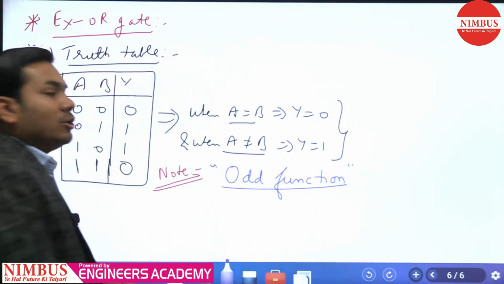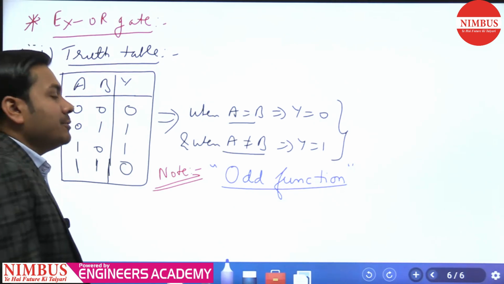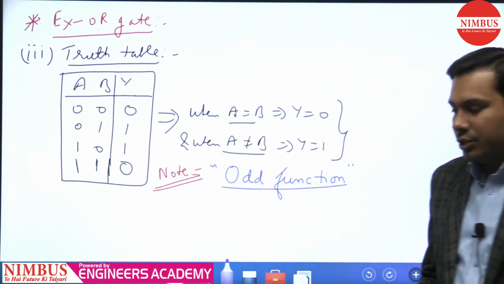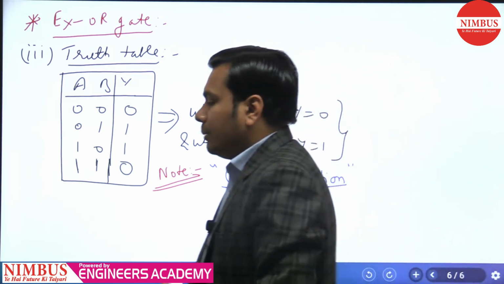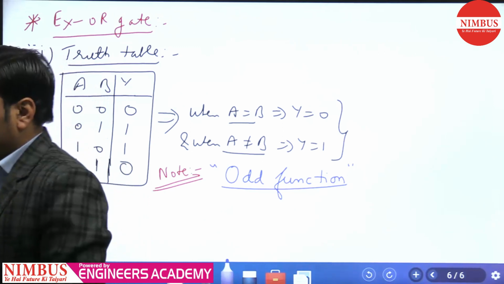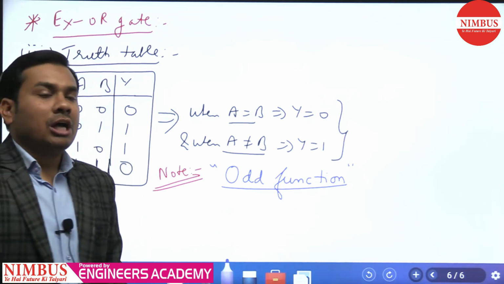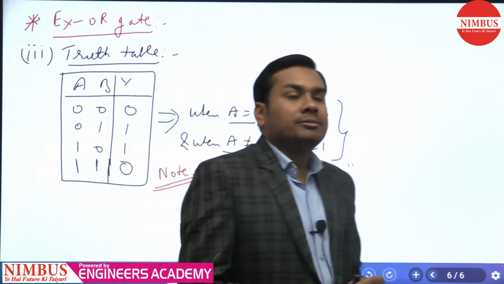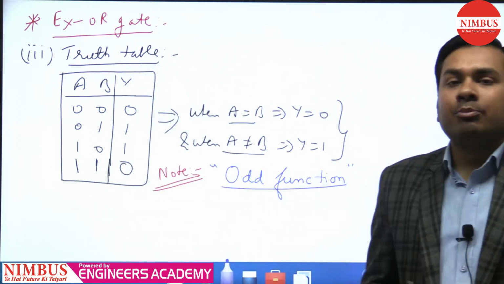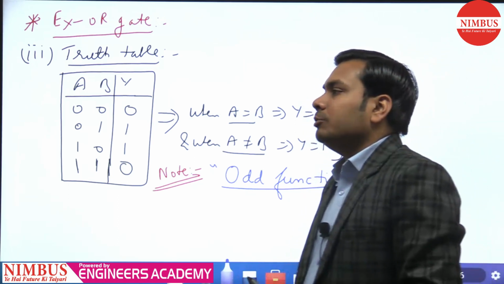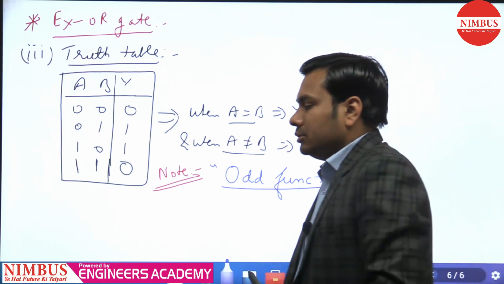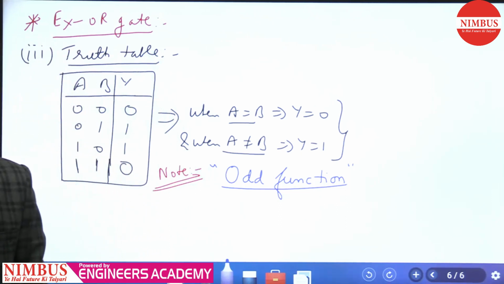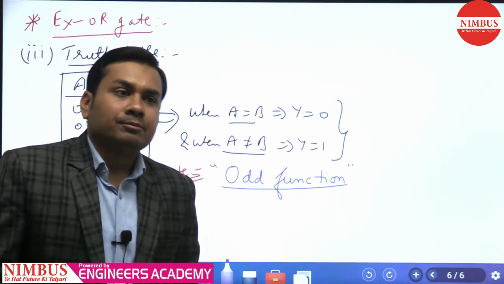It is called the odd function because whenever an odd number of inputs are at logic 1, then the output is at logic 1.